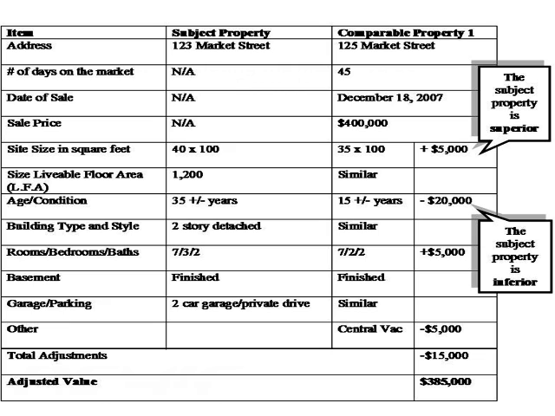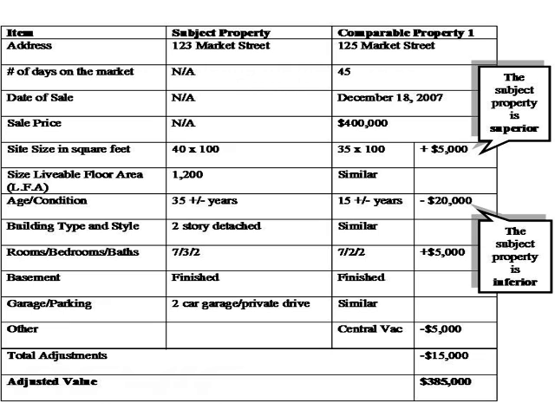In this example, the adjustment equals minus $15,000, which is $5,000 minus $20,000 plus $5,000 minus $5,000, and is therefore subtracted from the sale price of $400,000, resulting in an adjusted value of $385,000. Therefore, based on this simplified example, the market value of the subject property should be $385,000.